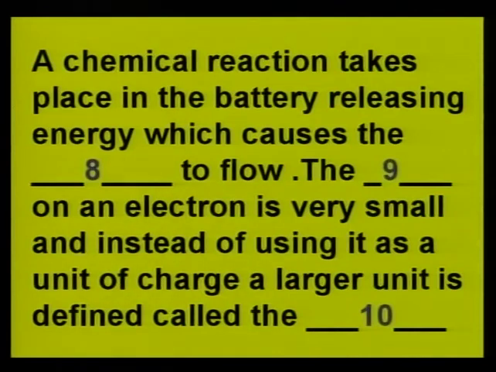Then you find a blank space, which is question number 9. The charge on an electron is very small, and instead of using it as a unit of charge, a much larger unit is used, called the, okay, that is for number 10.